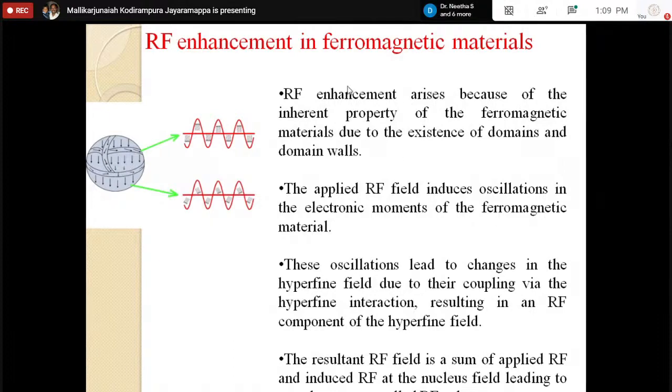And this applied RF field induces oscillations in the electronic moments of the ferromagnetic material. These oscillations lead to a change in the hyperfine field due to the coupling via hyperfine interaction, resulting in an RF component of the field. This resultant RF field is the sum of the applied RF field and the induced RF field at the site, which gives rise to a major change, so that the usual home-built spectrometers will also be able to detect the signal.